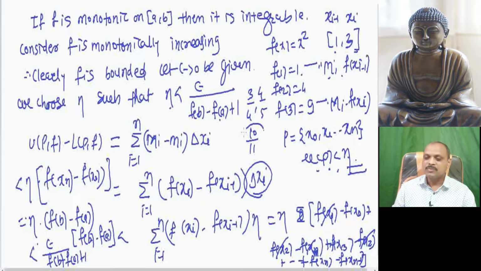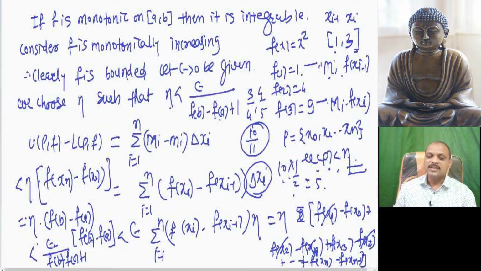Whenever we multiply any number, suppose we multiply 10 by a fraction value like 1 by 2, then we get 5. That means when we multiply any number by a fraction value, its value becomes smaller. So we are multiplying this epsilon by this fraction value, therefore the value becomes smaller. That means epsilon is greater than this number.